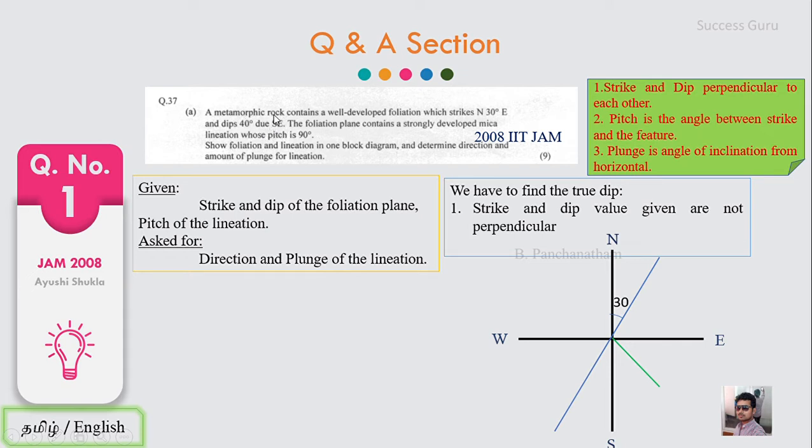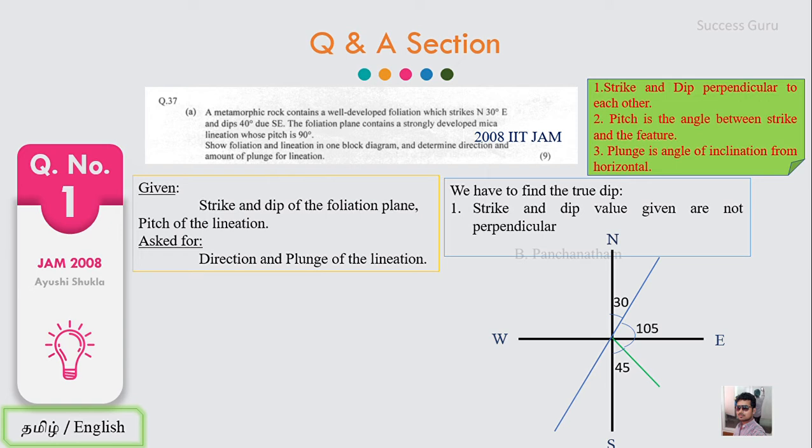Due southeast simply means from south to east it is 45°, right? So the strike is 30° and the dip direction is 45° from south, and the difference is 105°, which is not perpendicular. So quite obviously what they have given is not the true dip, that is actually an apparent dip but not the true dip.